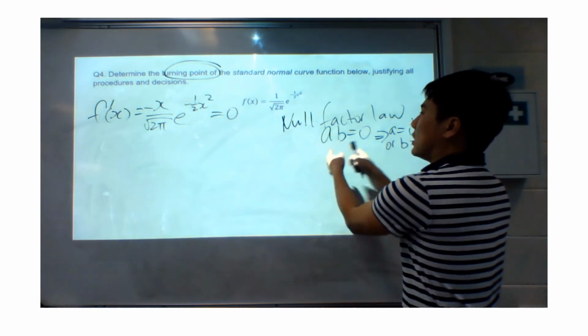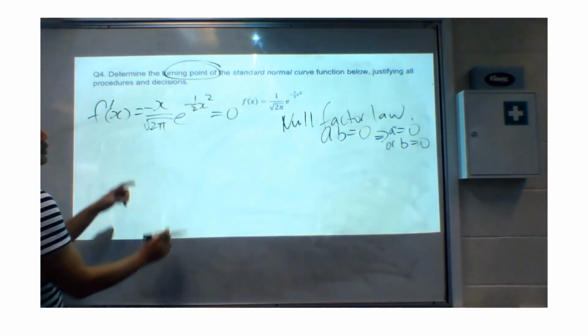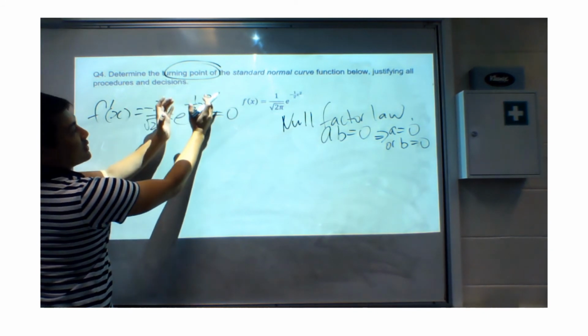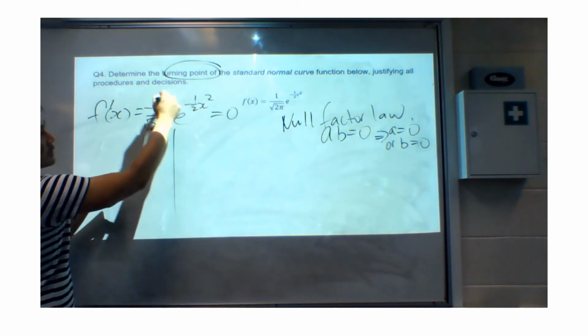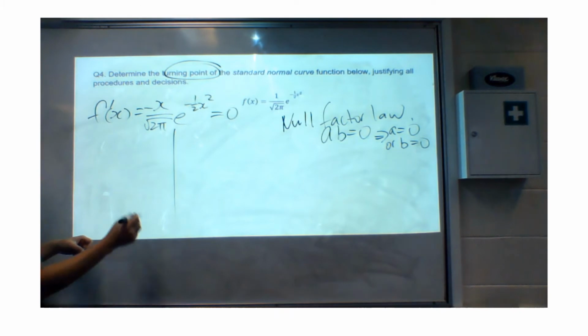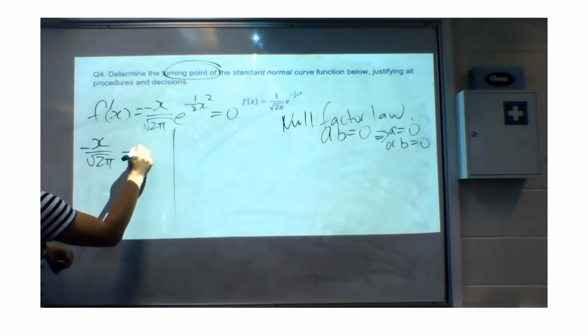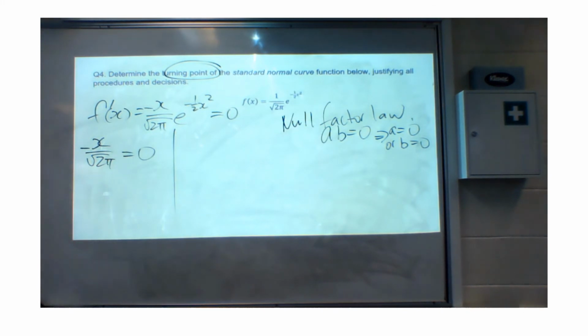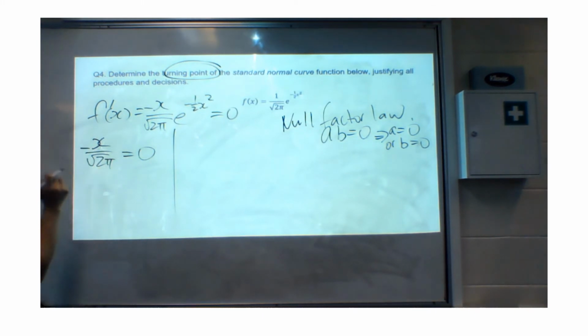If one of these is 0, your answer would be 0. So just like what we have here, we've got this chunk times this chunk. So you have two options. Either this bit equals 0 or this bit equals 0. So let's say if negative x over 2 pi equals 0, you solve for x. Times both sides by 2 pi divided by negative 1, x equals 0.